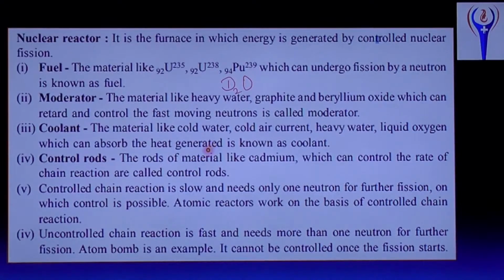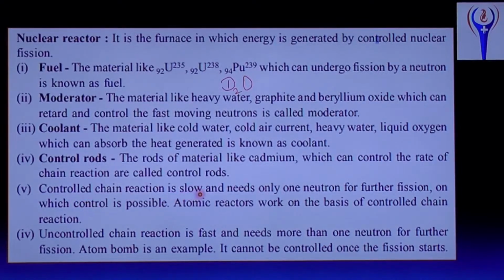Those neutrons must be absorbed by a special rod, called a cadmium rod. A cadmium rod is a control rod. It controls the emission of neutrons at every stage. So by controlling this, we can convert this nuclear energy into domestic energy, useful electrical energy.